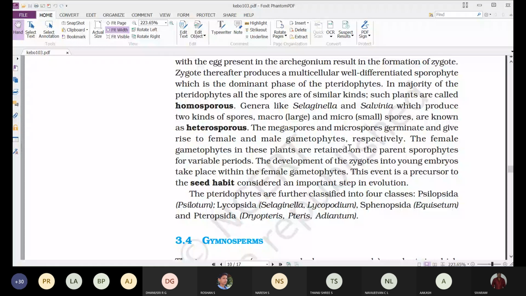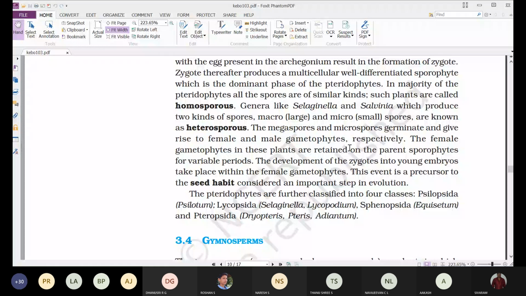And next, the development of the zygotes into young embryos takes place within the female gametophytes. The male gametophyte will produce antherozoids, and the female gametophyte produces the egg.